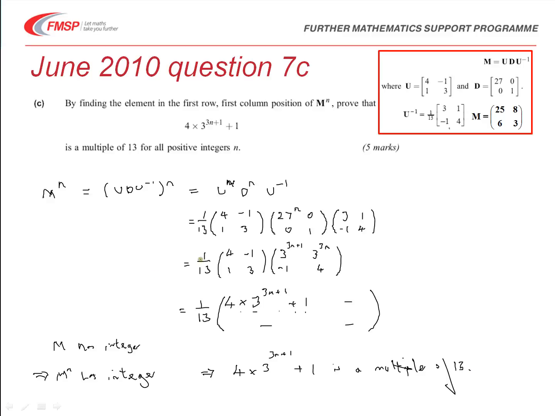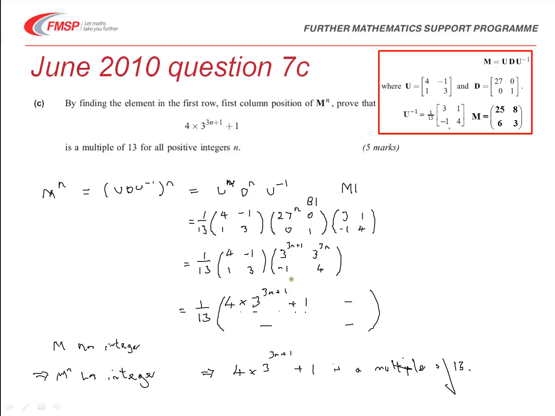Okay, well, there are 5 marks for this. A method mark for understanding how to find M to the n. For identifying the correct matrix for D to the power of n here, you'll get a mark.